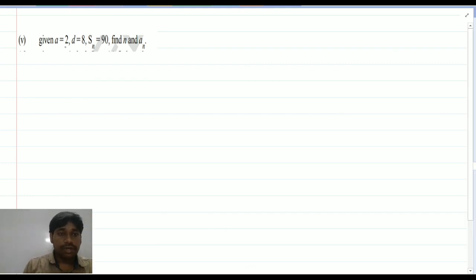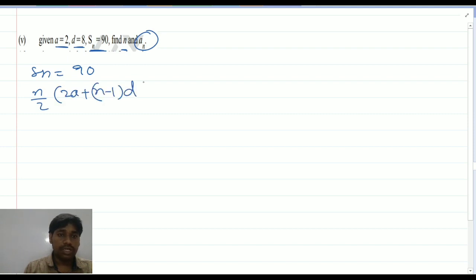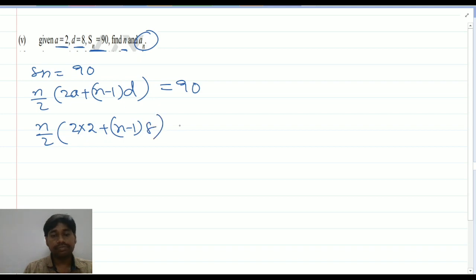Next, the A value is given, the D value is given, Sn is given, and we have to calculate n and An. So Sn is equal to 90, which means n by 2 of 2A plus n minus 1 into D is equal to 90. So n by 2 of 2 into 2 plus n minus 1 into D, D is 8.